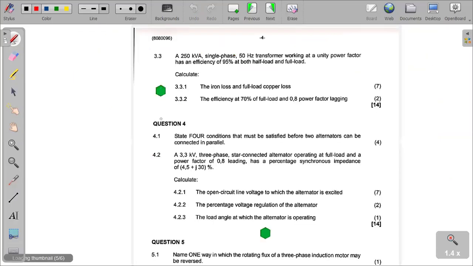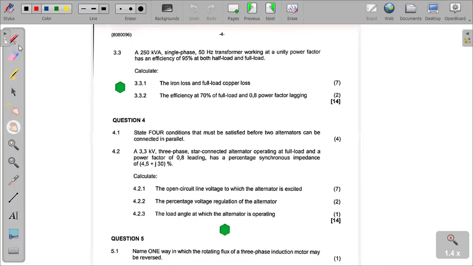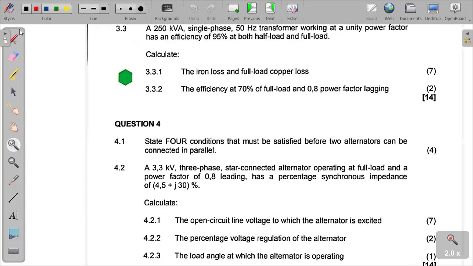Our next question, question 4, is saying, state the 4 conditions that must be satisfied before 2 alternators can be connected in parallel, right? Before alternators can be synchronized, which means before they can operate in parallel, these are the conditions.